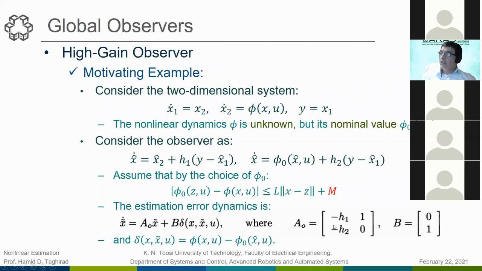In the A0, we have like A minus HC. It is quite simple that we have the H1 and H2 in A0, and the B is 0 and 1, because the first term is quite clear. The second dynamics had the unknown, and this unknown variable, the delta or the uncertainty, comes as the difference between phi and phi 0.